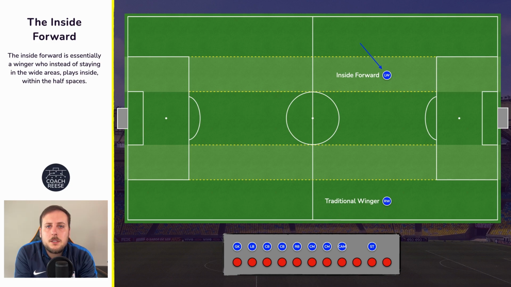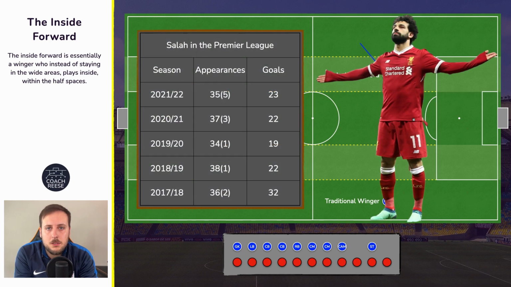Well, why might you use an inside forward? Well, inside forwards tend to be good goal scorers. If you think about some of the best inside forwards, we've just mentioned Mo Salah. He tends to be one of Liverpool's main goal outputs. So rather than having a traditional winger who stays wide and tends to put crosses into the box, you would use an inside forward who has a good goal output.